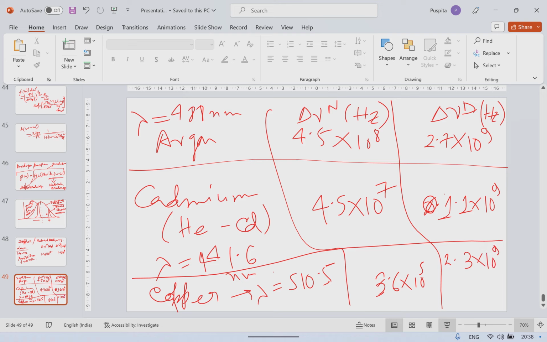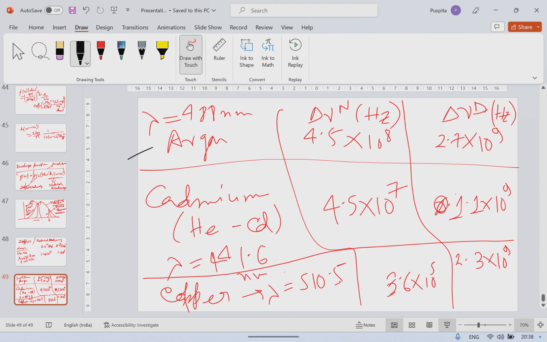So let us see that for argon laser, the natural broadening is of the order of 10 to the power 8, and the Doppler broadening is of the order of 10 to the power 9. So when you add those things, when there is also natural broadening and Doppler broadening, and you take them into account, then you cannot ignore natural broadening.